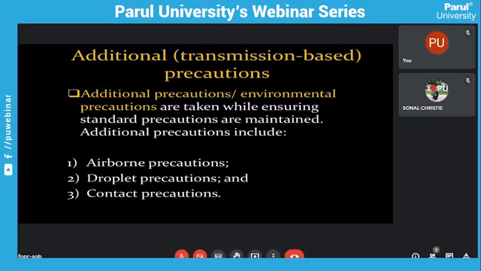Flowing air can carry them over a long distance. In airborne precautions, microorganisms travel through the air. The infectious agent is emitted into the air during talking, sneezing, coughing or whispering.